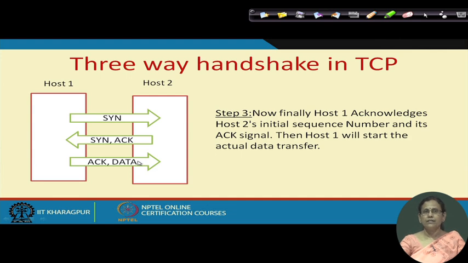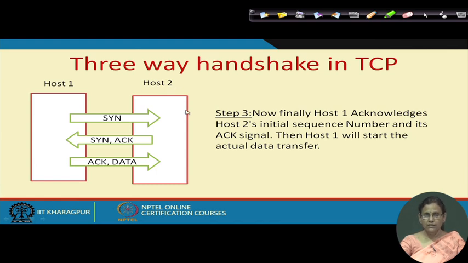Now the question is, if host 1, who is supposed to send the data, does not do it, then what happens? Host 2 will keep waiting at least for some time, and the resources at host 2, which is the server here, are limited.